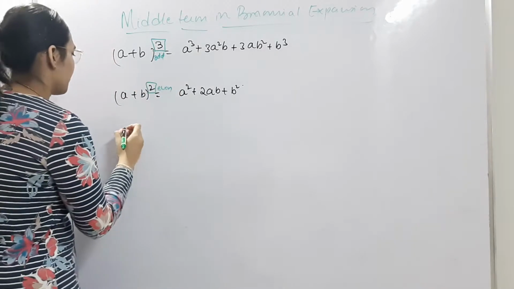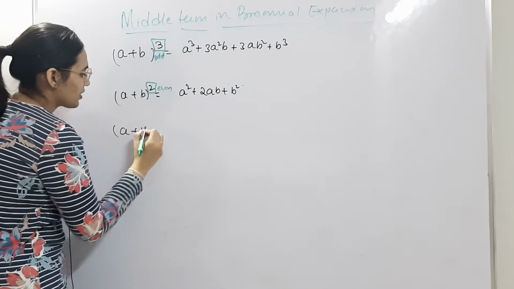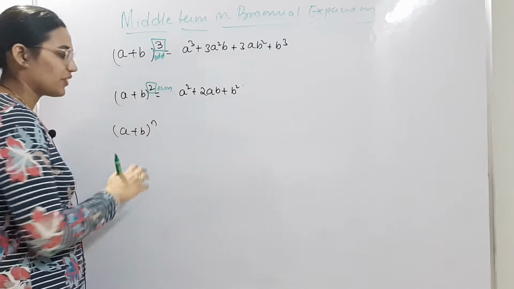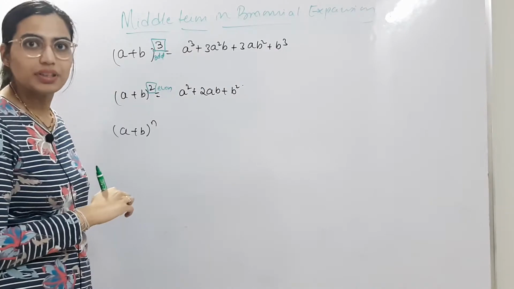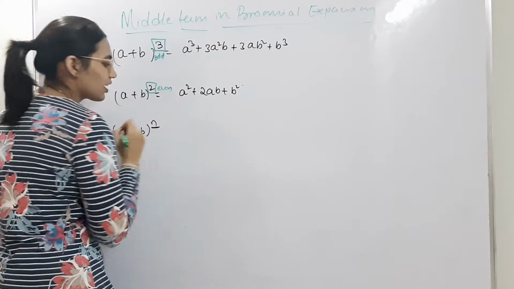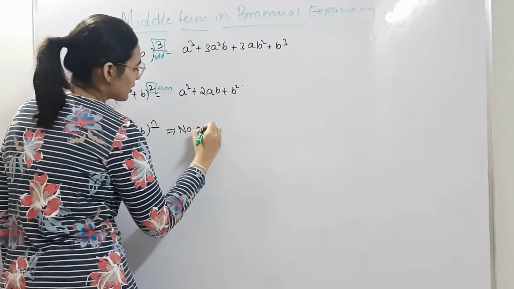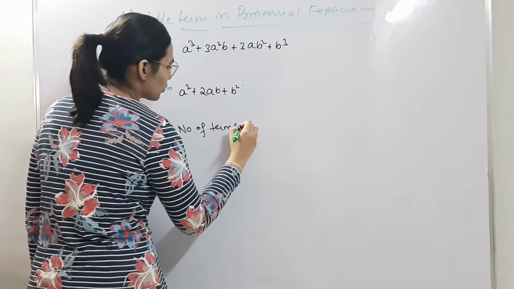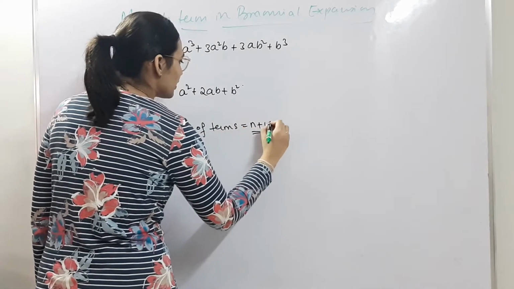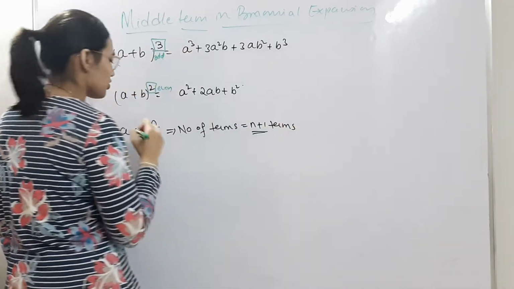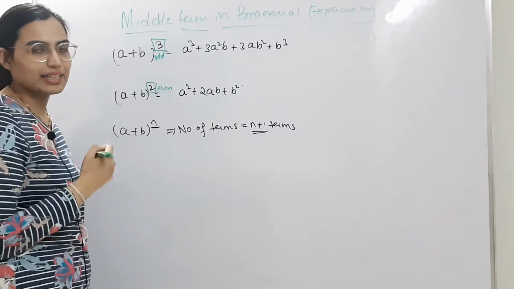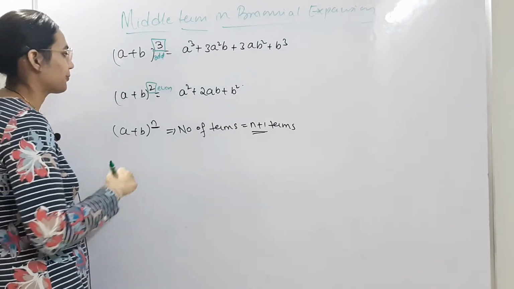In short, if (a + b)^n, and we need to expand this binomial with regards to n, then how many terms are there in this expansion? You know that we have n + 1 terms in the binomial expansion (a + b)^n, or for any binomial for that matter.